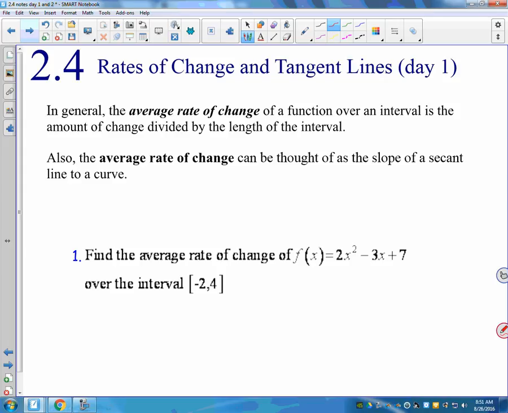If you have an interval from a to b, and you want to find the rate of change, you take the y values over the x values, which is slope. It's just slope. You could take f of b minus f of a over b minus a.